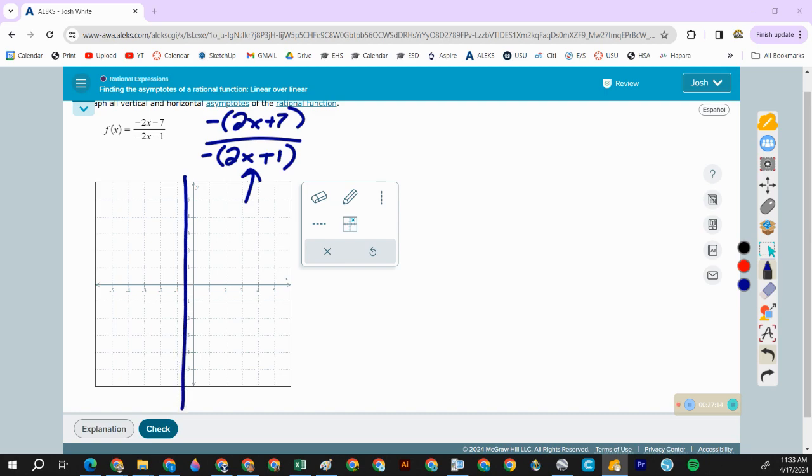I have an HA at 1. I have a root at negative 3.5. And I have a y-intercept at 7. So it's going to look like that. Now you don't have to do all of that. All it wants are the asymptotes.